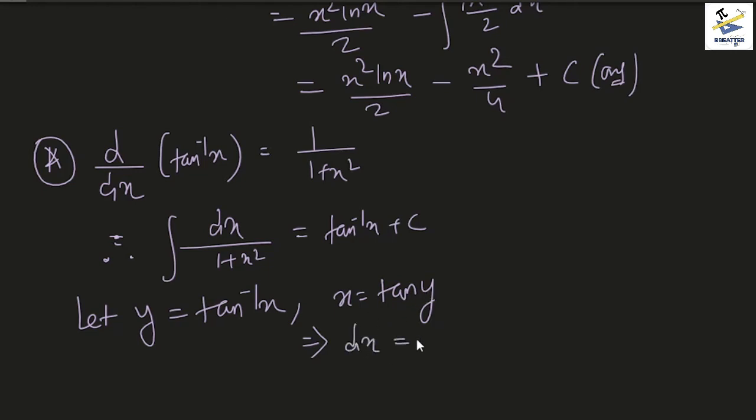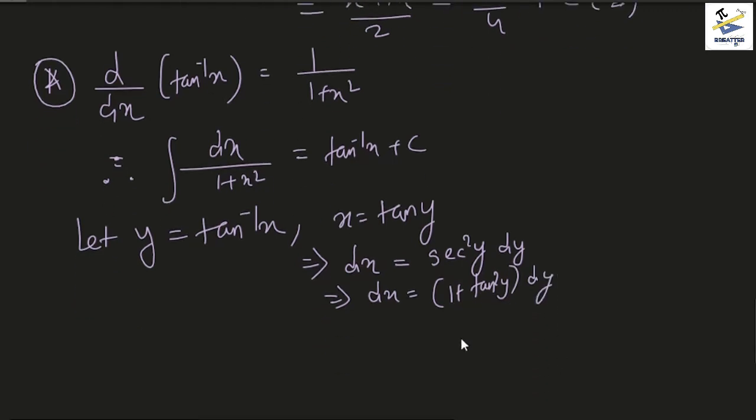So differentiating both sides, we get dx equals sec square y dy, and sec square y is just 1 plus tan square y, so dy by dx would be equal to 1 by 1 plus tan square y, but tan y is just x, so it is just 1 by 1 plus x square, right? So the derivative of tan inverse x is 1 by 1 plus x square.